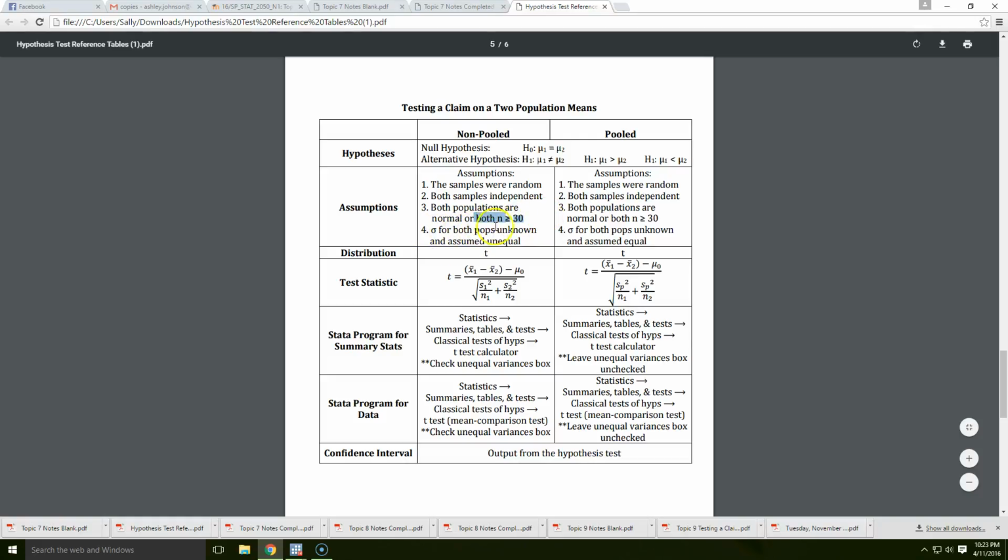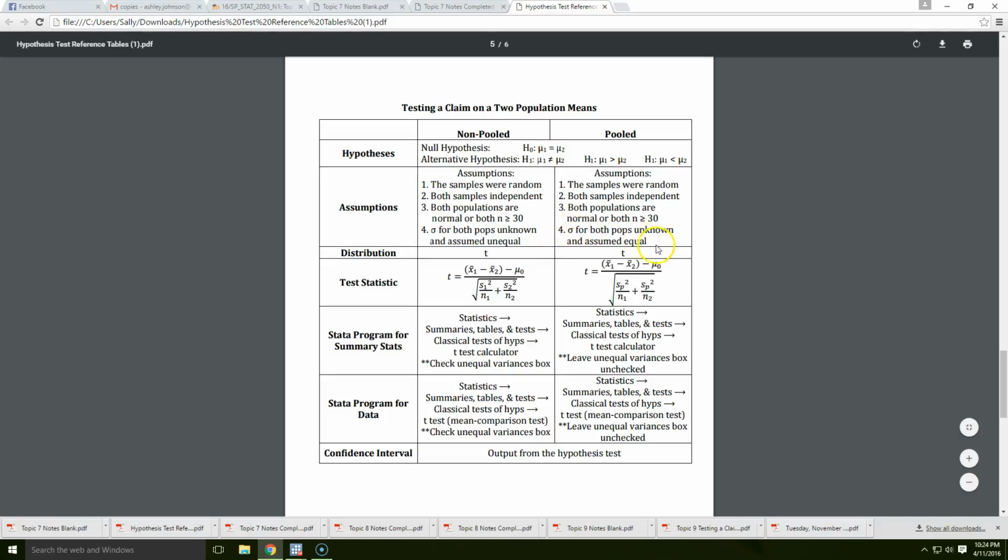And then lastly, the difference is that we have unknown population standard deviations, and the difference comes with the assumed unequal part for the standard deviations, or that the population standard deviations are assumed equal.